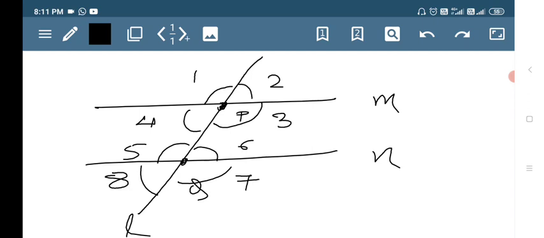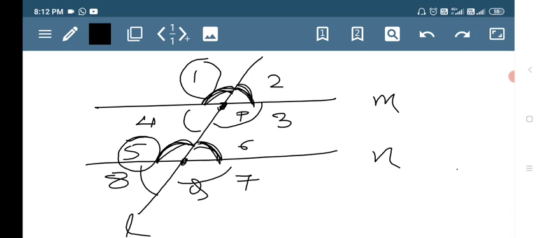Let us first see corresponding angles. Who are the corresponding angles? In this diagram, angle 1 is corresponding to angle 5. Angle 2 is corresponding to angle 6.